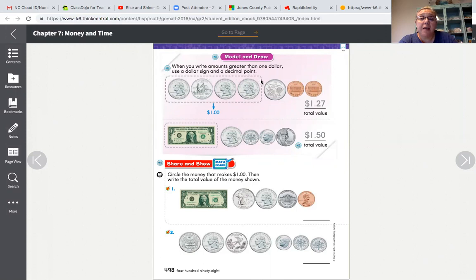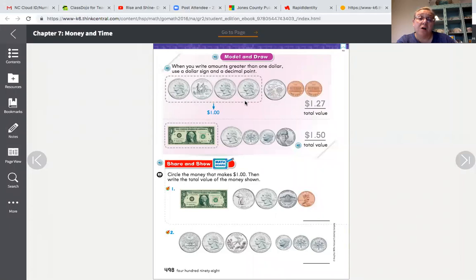They did that because it's easier to see something as $1 instead of going 25 cents plus 25 cents plus, you know. So we look at these 4 quarters as $1. But as you can see, we have additional money here. So it's not just $1 and stop.